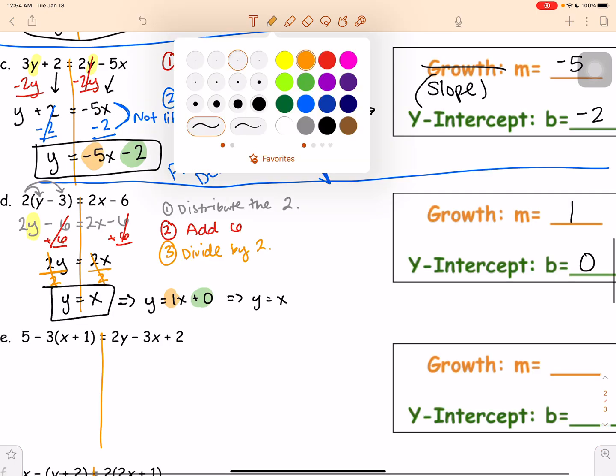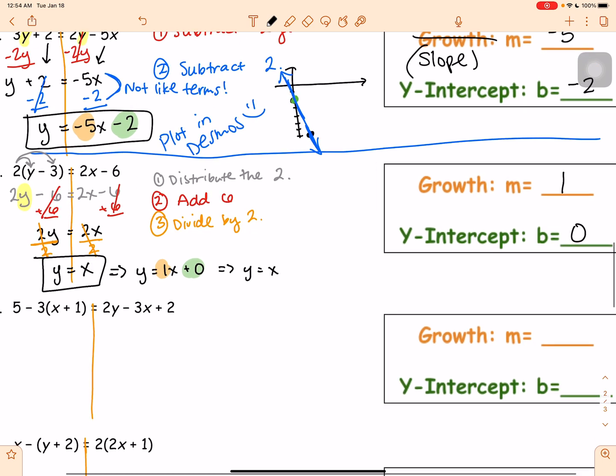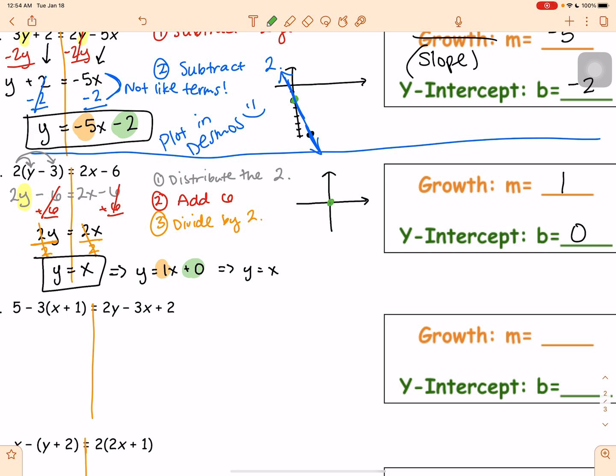So what this line would look like, whoops, sorry, I didn't mean to do that. What this line would look like is pretty perfect. y equals x means it crosses at 0, 0, and it goes up 1 over 1 every single time. So its line is going to look just like this. And if it was negative, y equals negative x, it would look like that.